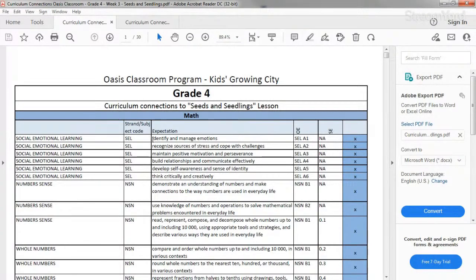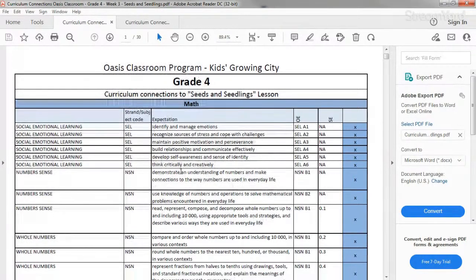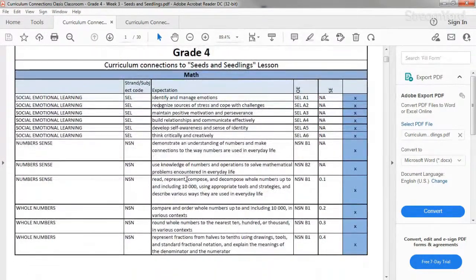So there are some specific emotional learning topics, which are obviously easy to connect to a school garden. But let's go to something more tangible, like number sense. Demonstrate an understanding of numbers and make connections to the way numbers are used in everyday life.